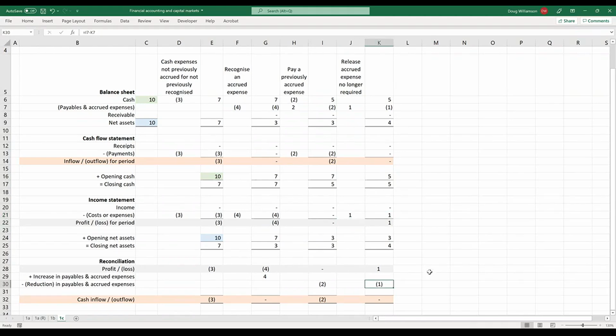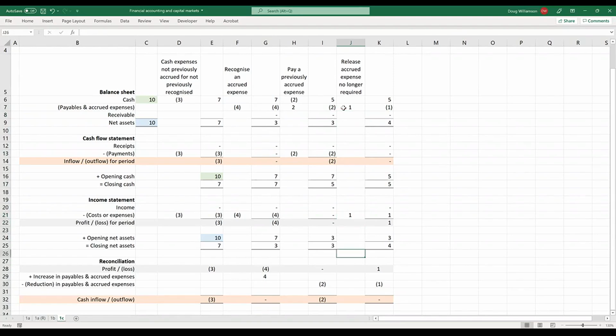Reversing out an expense is not a cash item. So even though we've got a gain or a profit in the period in accounting terms, there's no change in the cash. And the reason is we have made an accounting entry to recognize the assessment, evaluation, reality that we had set aside too much in accounting terms for these costs to be paid. We had 2, we only need 1. Recognizing that is recognizing that expenses need to be reduced.